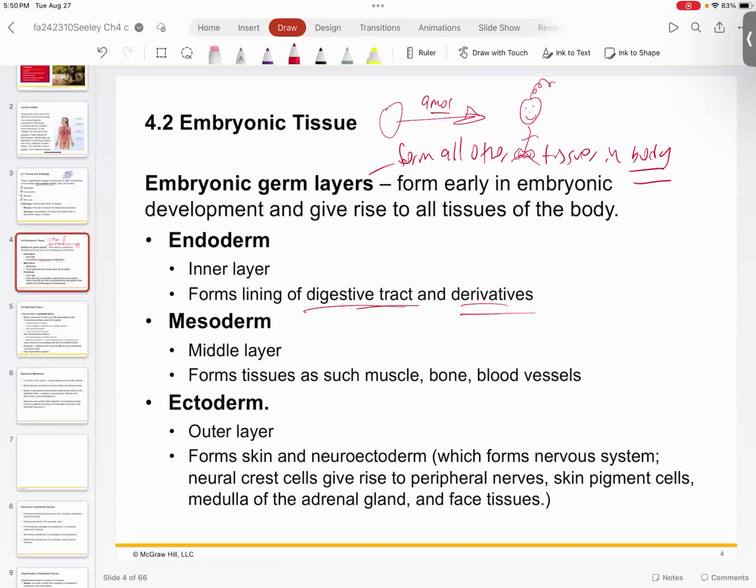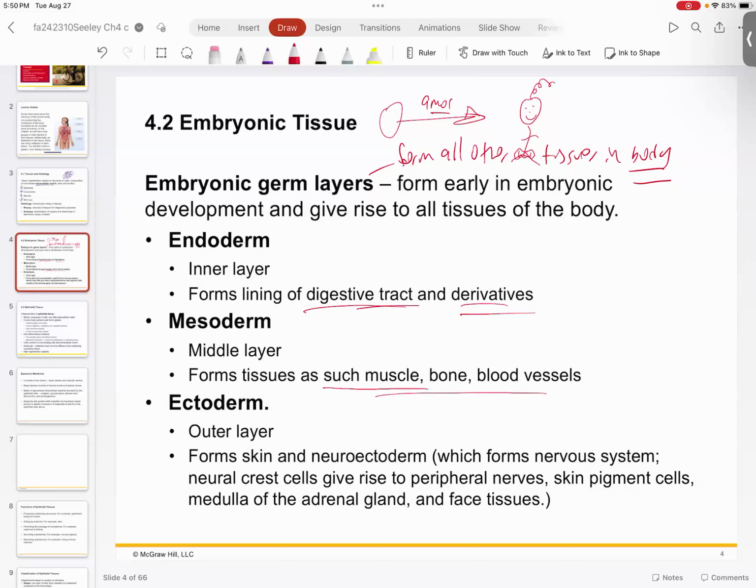The mesoderm, which is the middle, meso means middle, right? Typically, this will go on to add its functions to the muscle, bone, blood vessels, things like that.